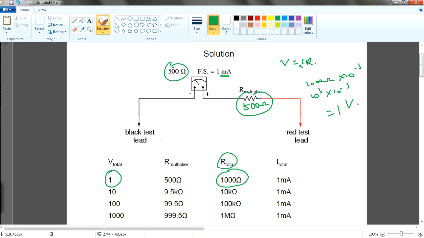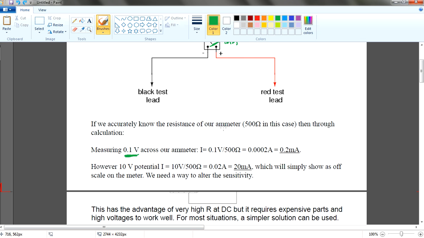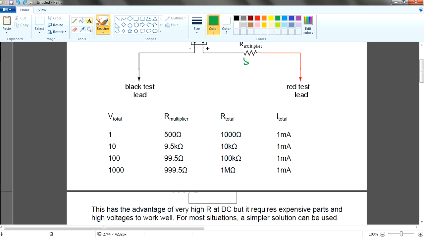So as your voltage, now this is the trend, right? Previously it was the ampere, if you were to vary. So in this case, if your voltage increases, you're gonna have more resistance in the multiplier.